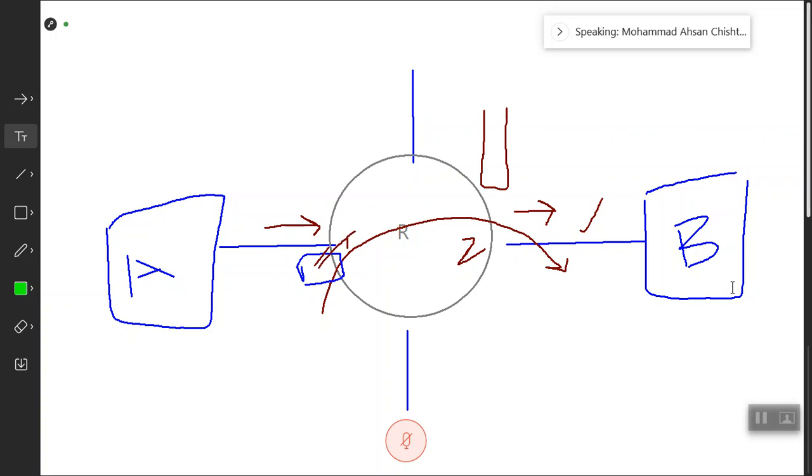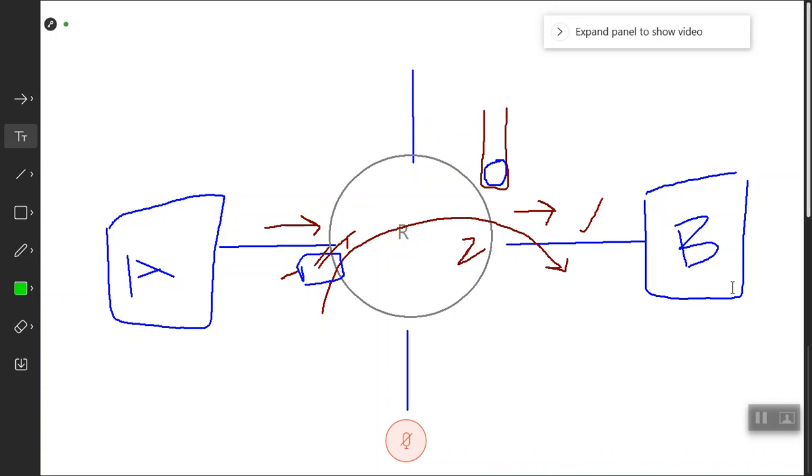which would store this packet temporarily here. Trying to move this packet. Let me draw. So this packet would be temporarily stored here. This is known as an output buffer. What is an output buffer? A small temporary storage in which you keep the packet until the transmission line is empty.